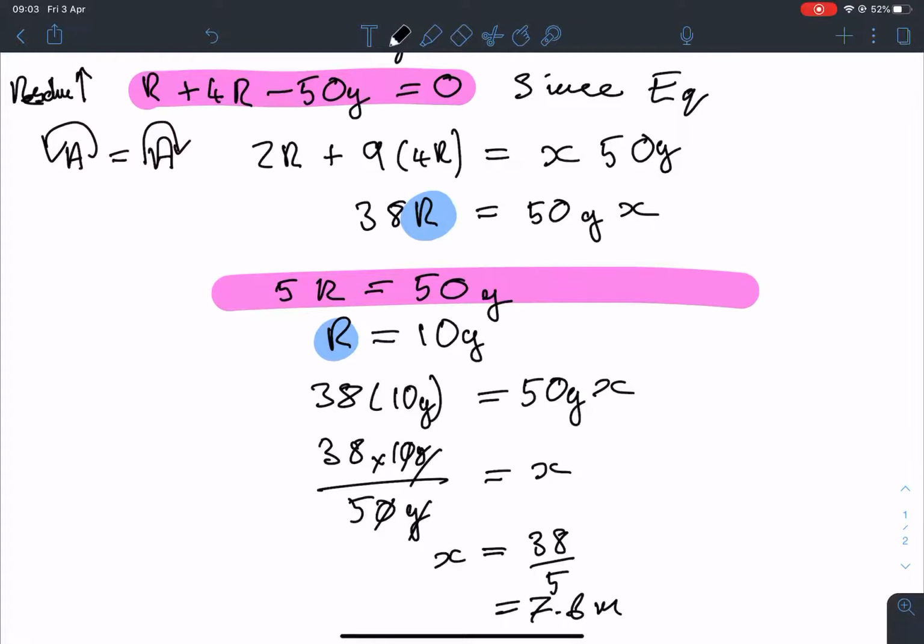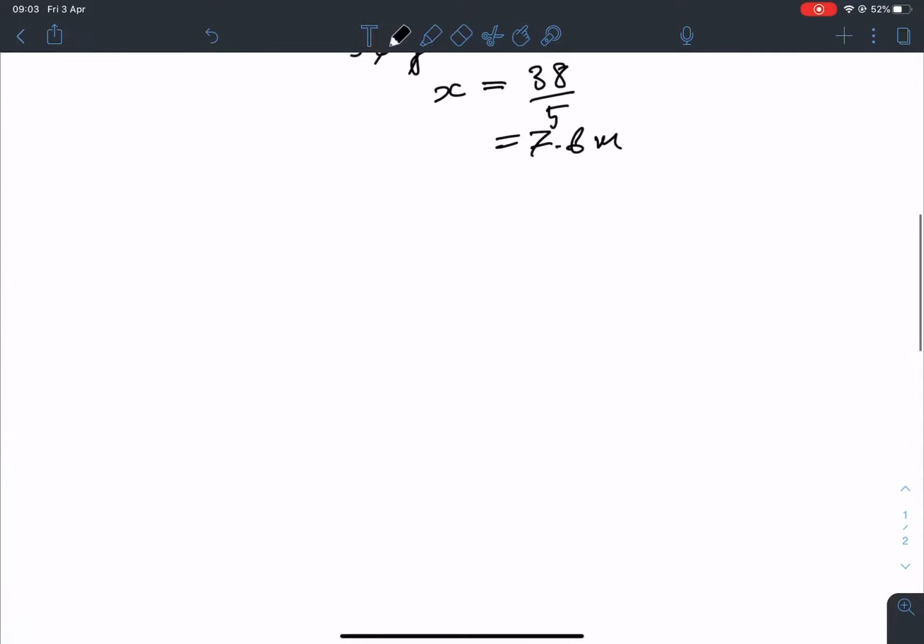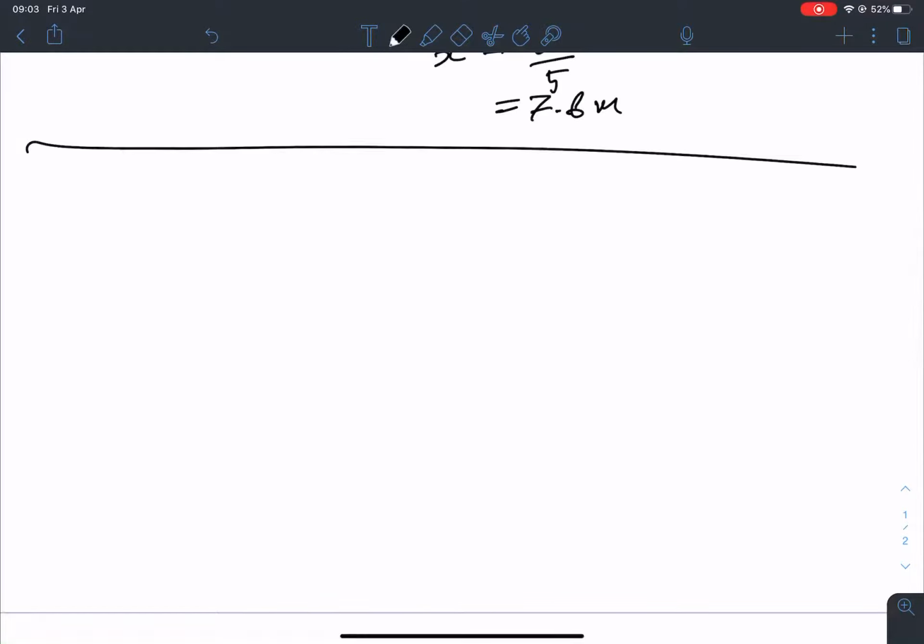So now we've got 10g there, that's better. That looks more like it. So the g's cancel, the zeros cancel, so we end up with 38 over 5, which is equal to 7.6 meters.